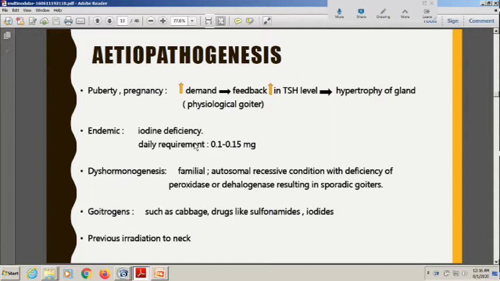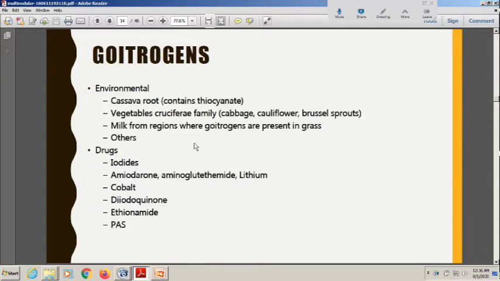Now the next thing is goitrogens, such as cabbage, drugs and many other things. Next slide. So what are goitrogens?